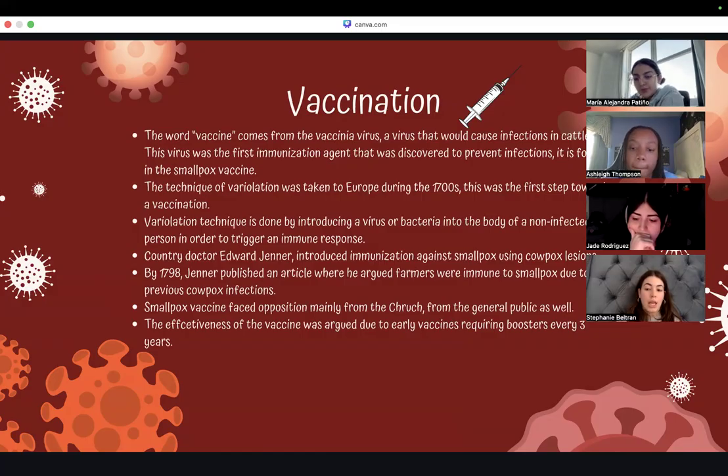infections. The first step towards vaccination was done using the technique of variolation, which was taken to Europe during the 1700s.